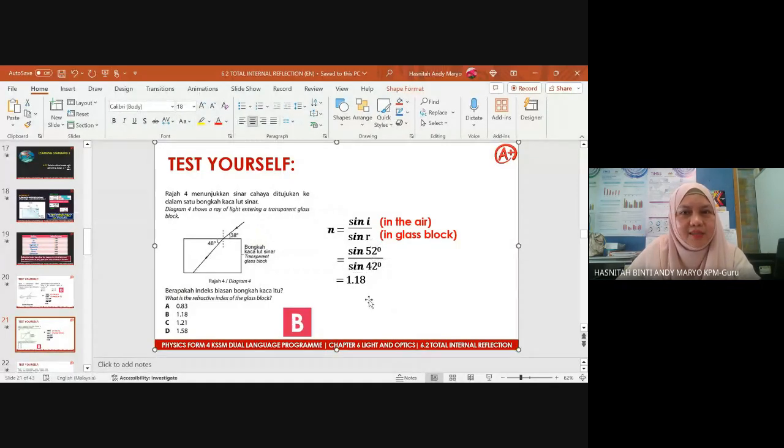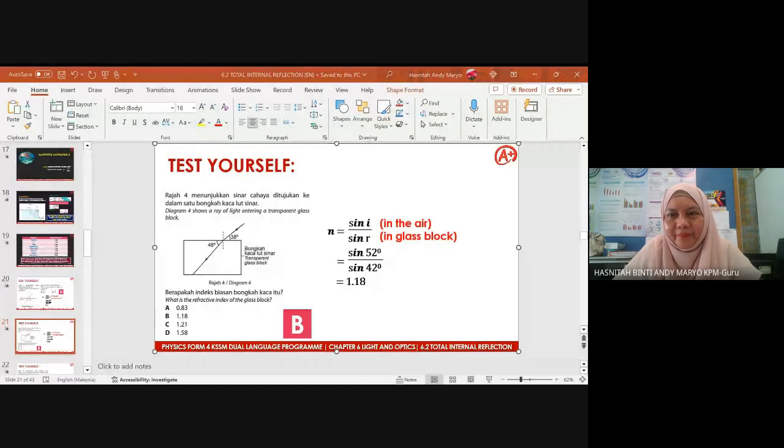Okay, so is the answer correct? Sine 52 divide sine 42. What is the answer, students? It was only a typing mistake, sine 48 supposed to be sine 42. So is the answer B? Can you check? Sine 52 divide sine 42.